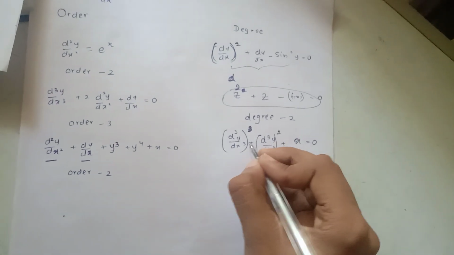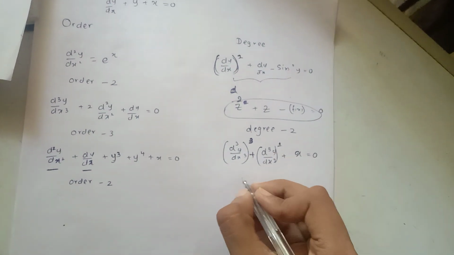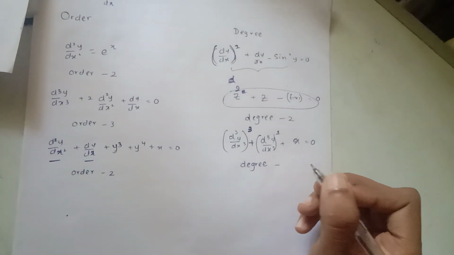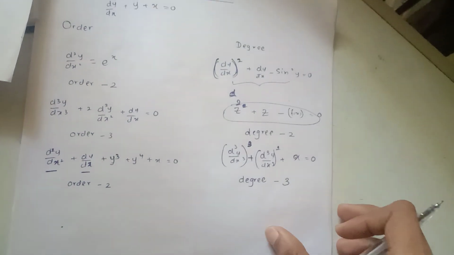So this is in a polynomial form. What is the highest power of the polynomial? It is 3. So the degree is 3.